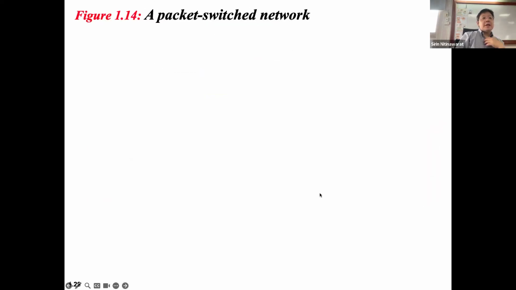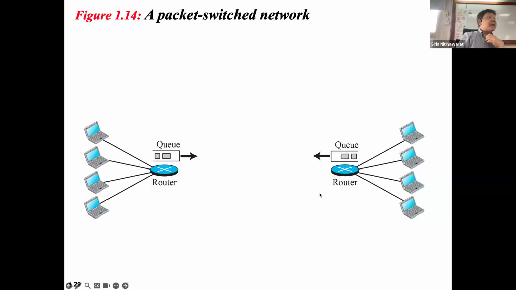The difference between circuit switching and packet switching is that with packet switching, the switches or routers will now have queues. They have queues because they can use the queues to store packets in case they need to. So with packet switching, the additional mechanism is the storing mechanism.